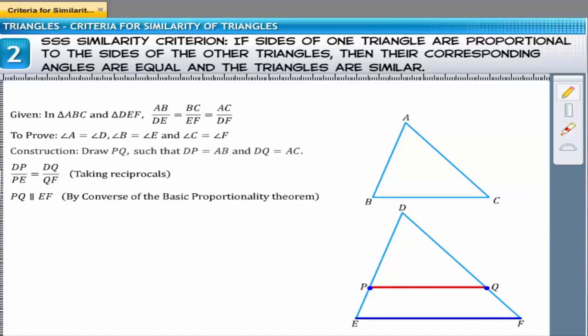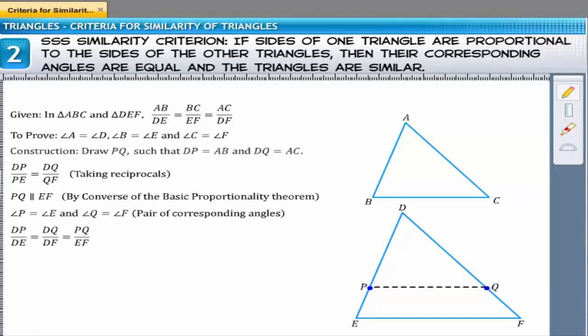Since PQ and EF are parallel, angle P is equal to angle E and angle Q is equal to angle F, as they form a pair of corresponding angles. Now, DP upon DE is equal to DQ upon DF, which is equal to PQ upon EF.